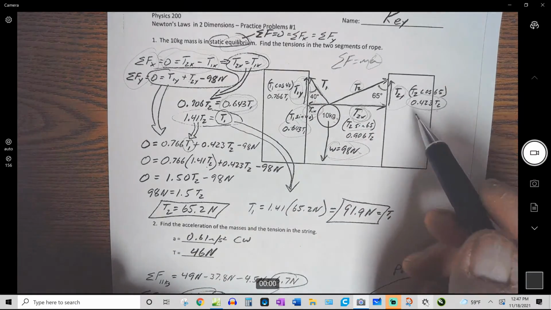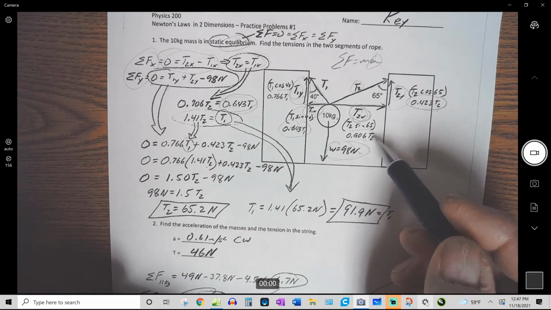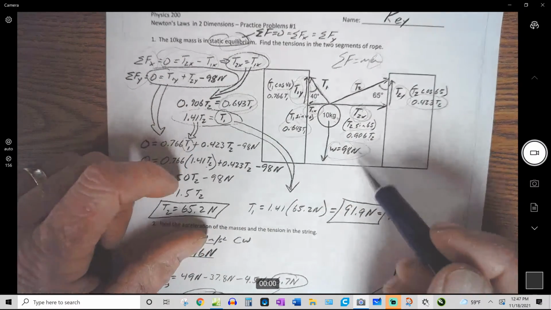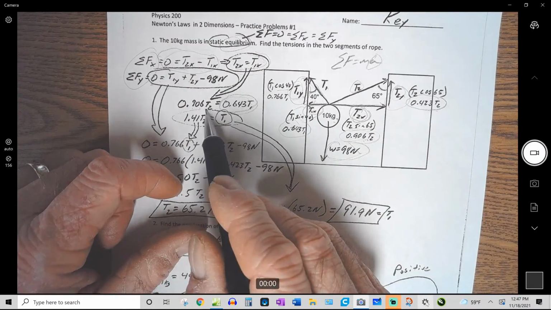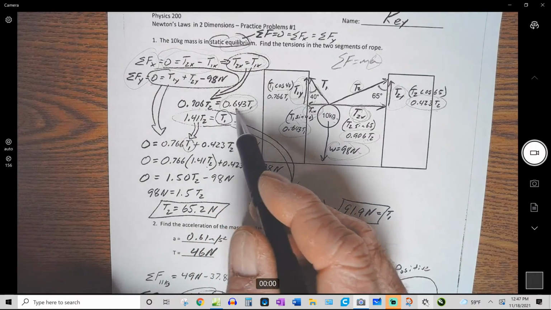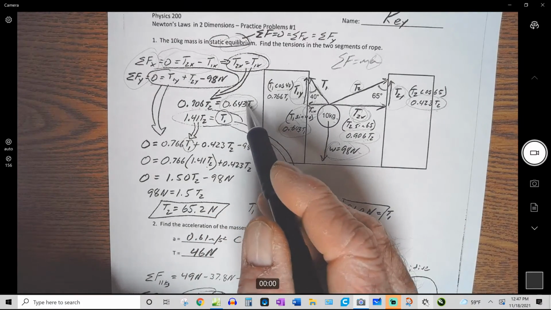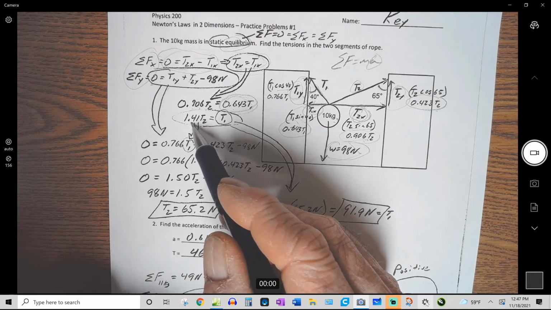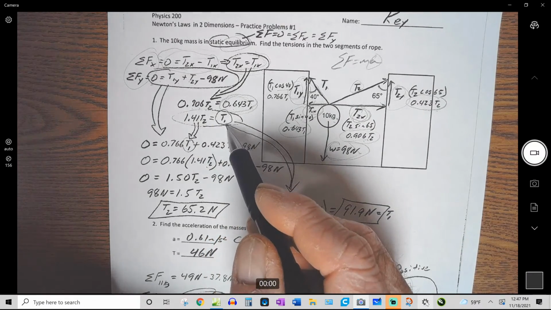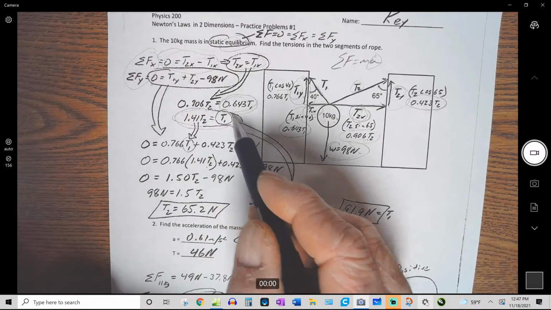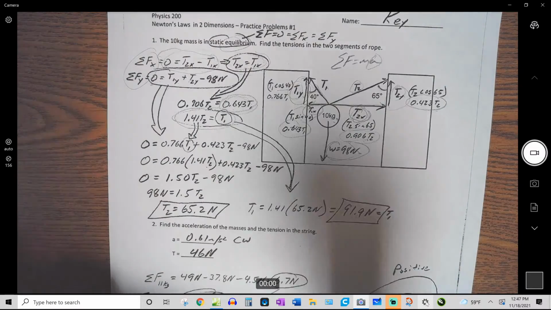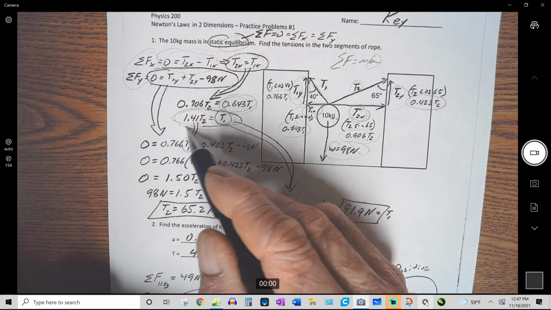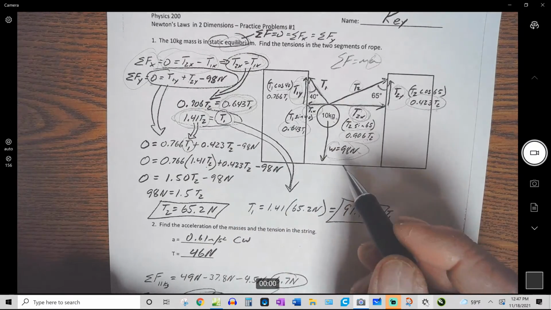T2x is 0.906 T2. So this came from here. So if 0.906 T2 equals 0.643 T1, I can divide both sides by 0.643, and then I get 1.41 T2 equals T1. So that's a useful ratio that I can use to substitute in later. I'll substitute this in for T1 at some point.